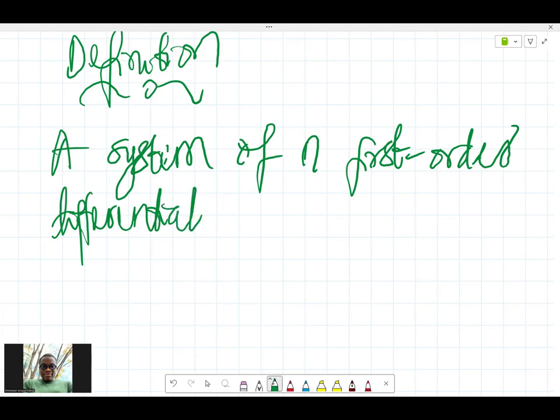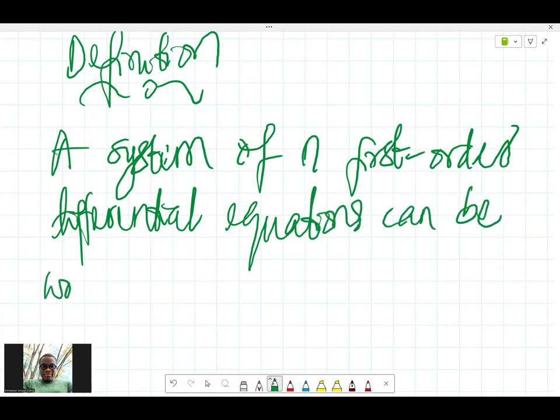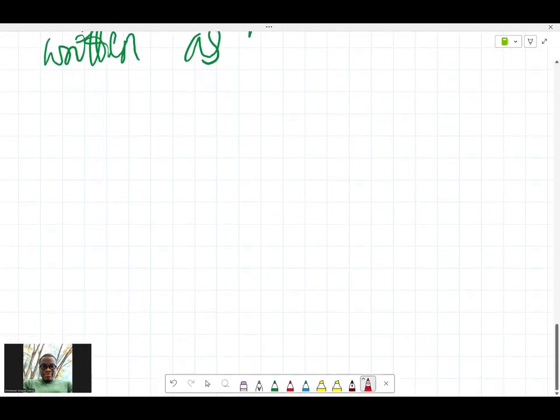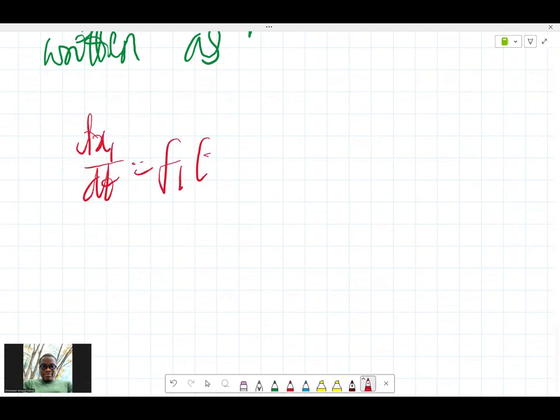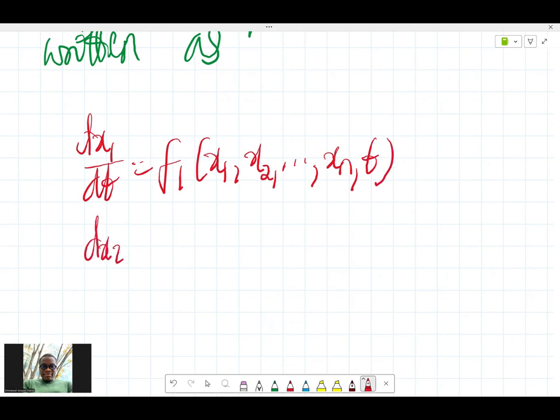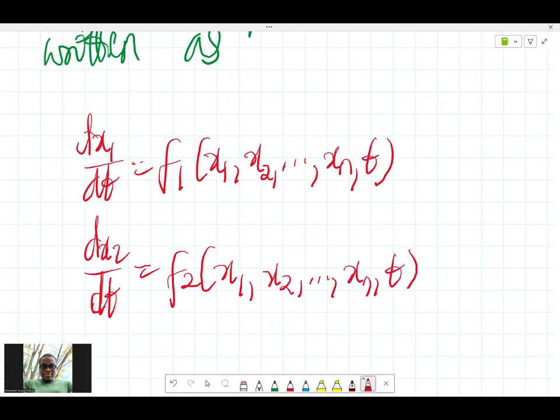A system of n first order differential equations can be written as, check this out, dx1/dt equals f1 of x1, x2 up to xn, and of course it's also a function of t. Then you have dx2/dt equals f2 of x1, x2 all the way down to xn, still with t again.